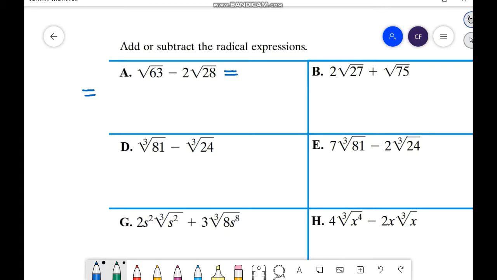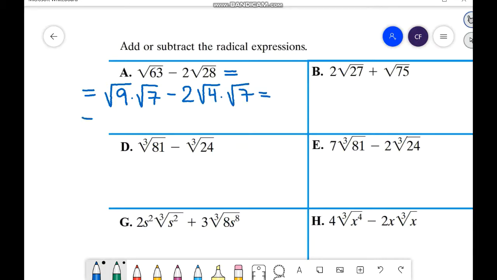We can simplify the radicals that you have here, because the square root of 63 is equal to the square root of 9 times the square root of 7, right? And the square root of 28 is the square root of 4 times the square root of 7.